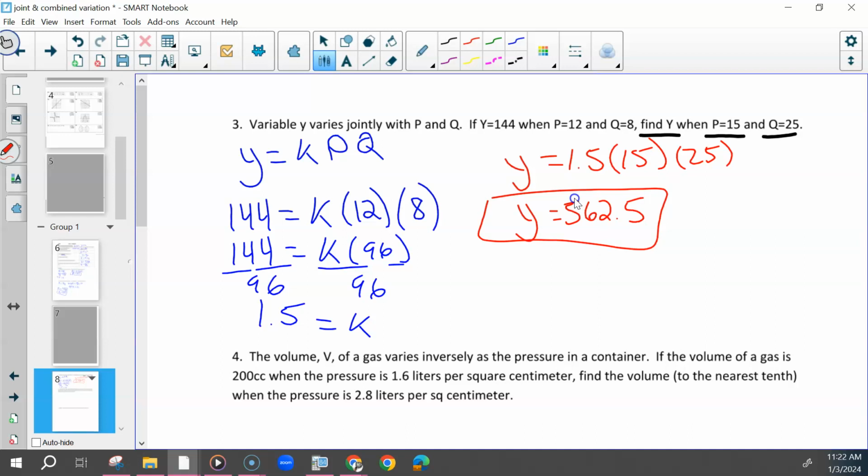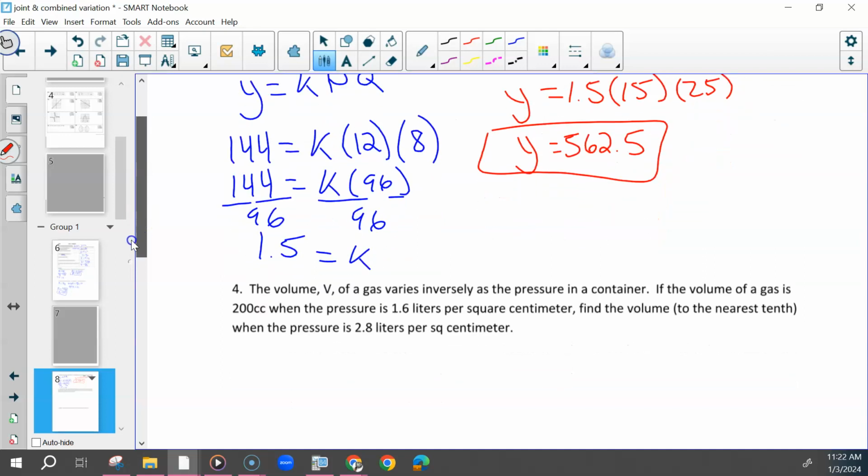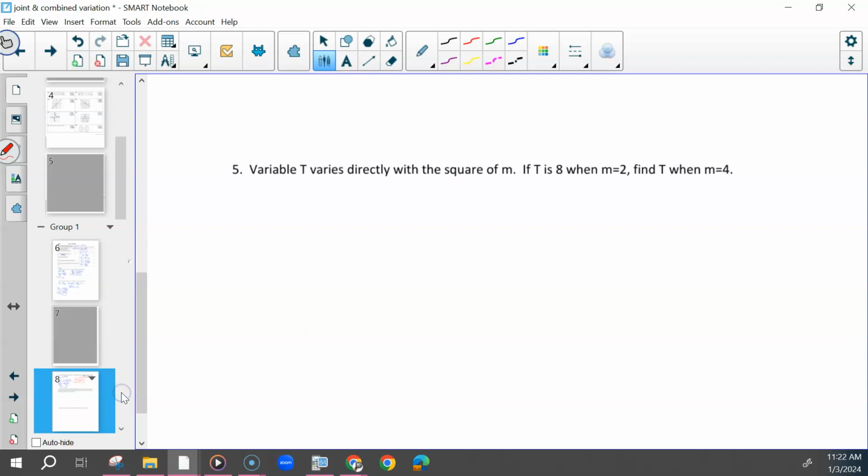Some applications on the next page. But let's do 5. So variable t varies directly with the square of m. How would we set that up? T equals k m squared. I almost said that wrong.